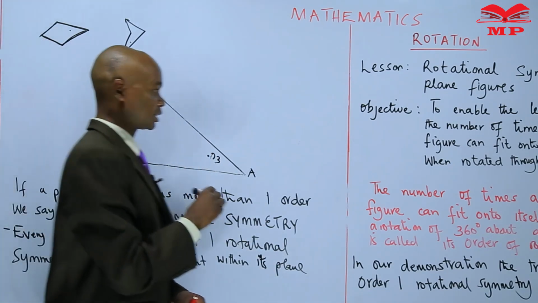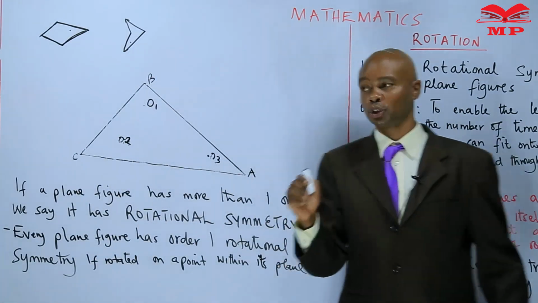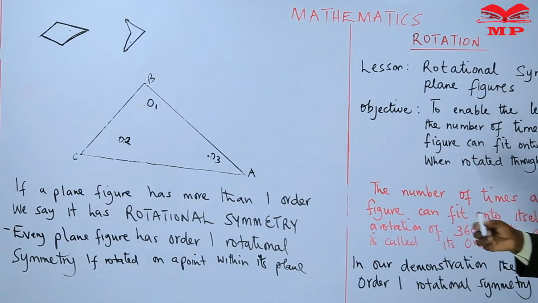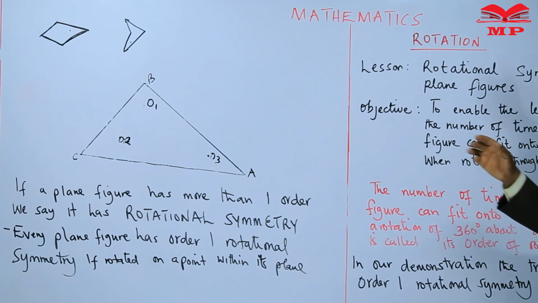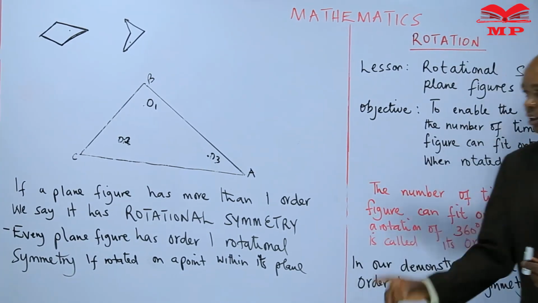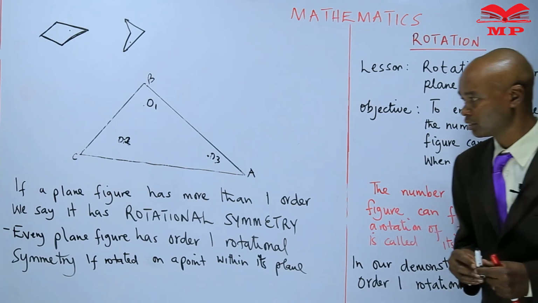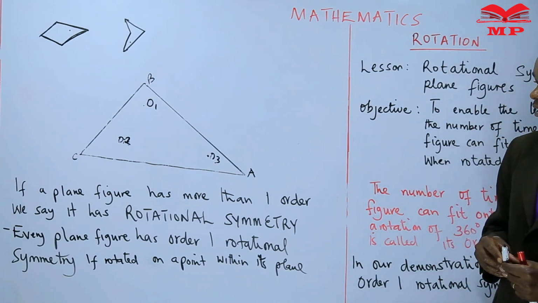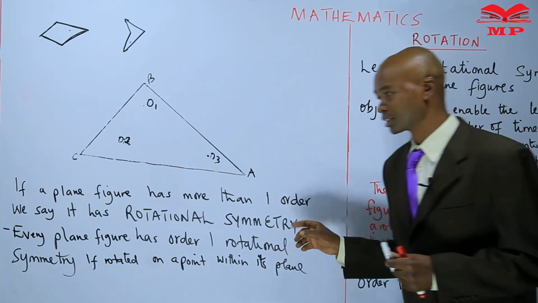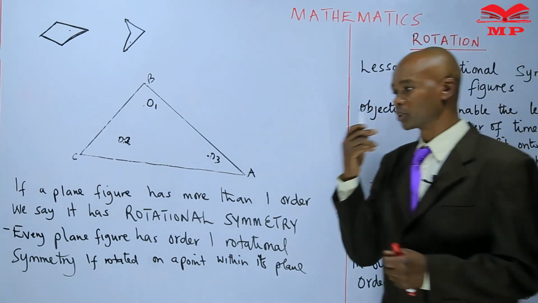So the point of rotation should be within its plane. If a plane figure has more than one order, we say it has rotational symmetry.